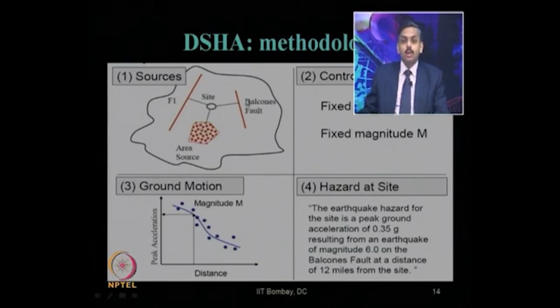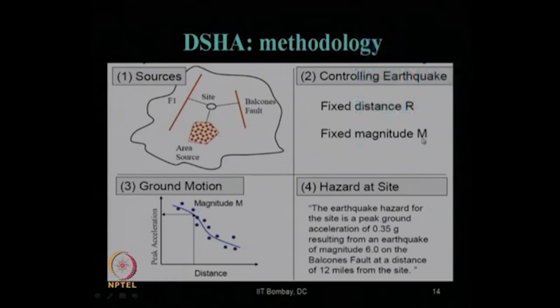So, using all those data, you have to fix the maximum of all those values of the magnitude of earthquake.